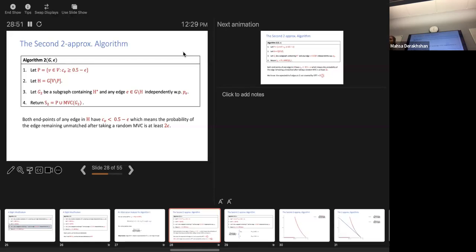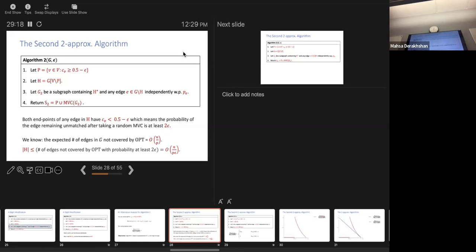So it's possible that the edge will remain uncovered. So this edge will remain uncovered with probability at least 2 epsilon when you take a random minimum vertex cover of a realization. We already proved that the expected number of edges in G that are not covered by opt, which is a random minimum vertex cover, is O of n. How many of these edges can you have? Linearity of expectation tells you that you can have at most O of n over epsilon. So the number of edges that you query here is O of n over epsilon.